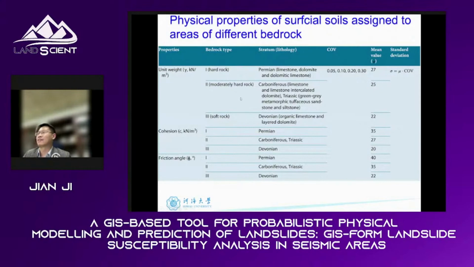From the reported literature, we can assign the appropriate soil properties to each of the different bedrock, and those are the parameters used for our analysis.